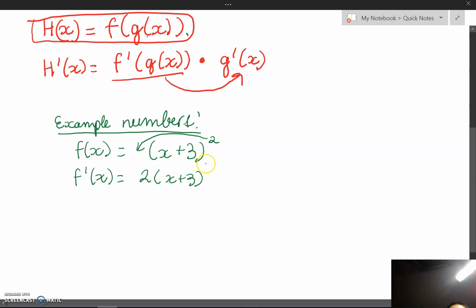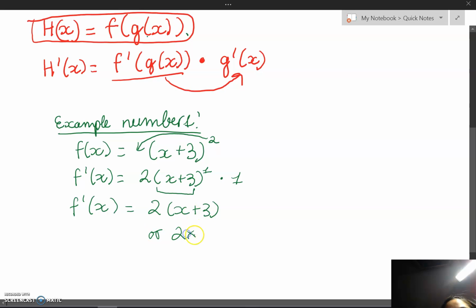And then the power, obviously you subtract 1, so it's going to be 1, multiplied by the derivative of inside of the parenthesis, which is 1. So your final answer is going to be 2x plus 3 or 2x plus 6. Alright, this is just a really simple example. Let's look at a more complicated one.